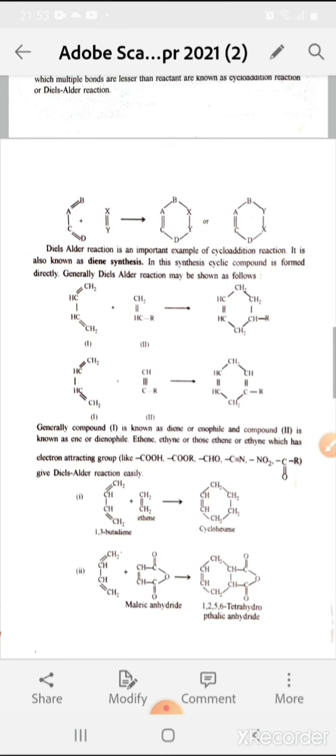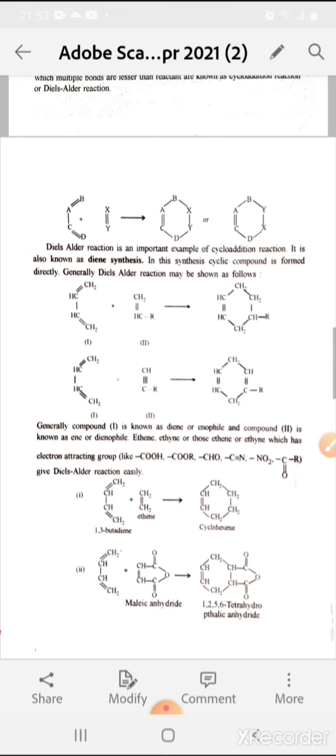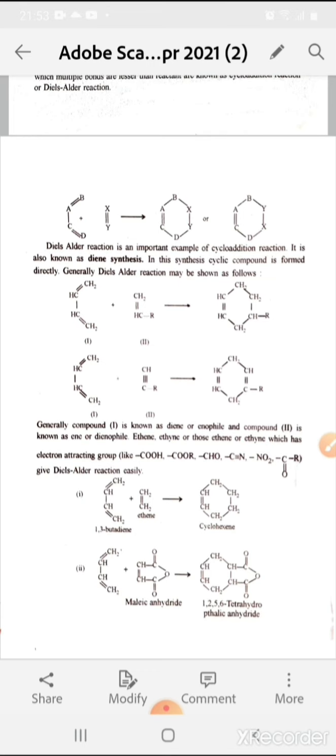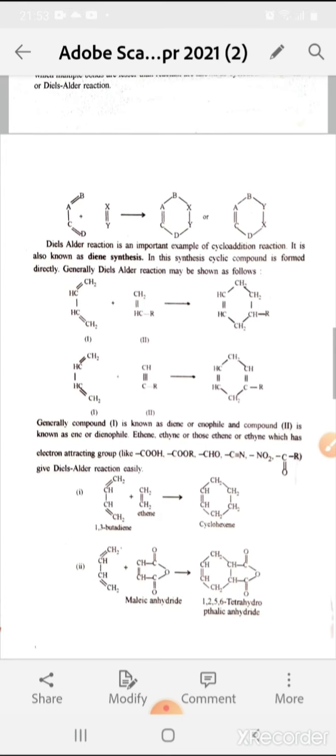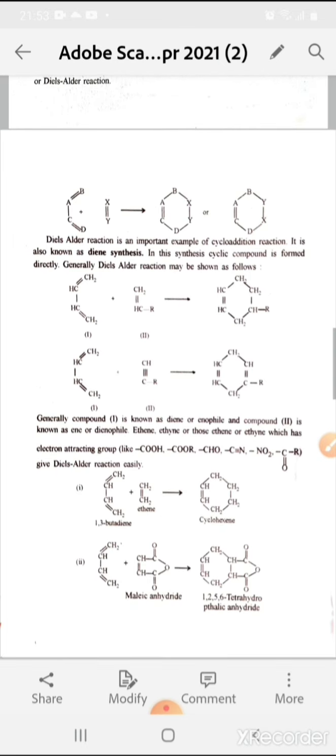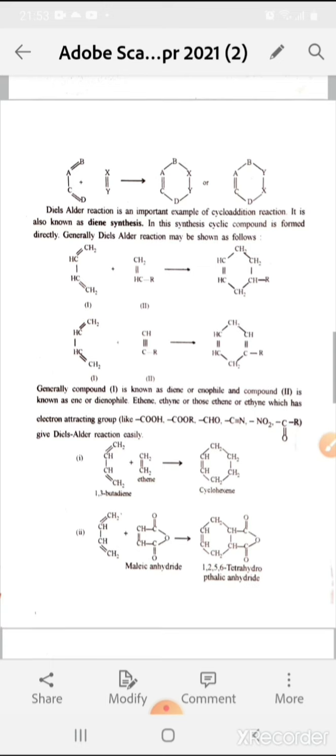Generally, the Diels-Alder reaction may be shown as we discussed before. Here 1,3-butadiene reacts with a substituted alkene and forms a substituted cycloalkene. 1,3-butadiene reacts with a substituted alkyne and forms a substituted alkadiene.